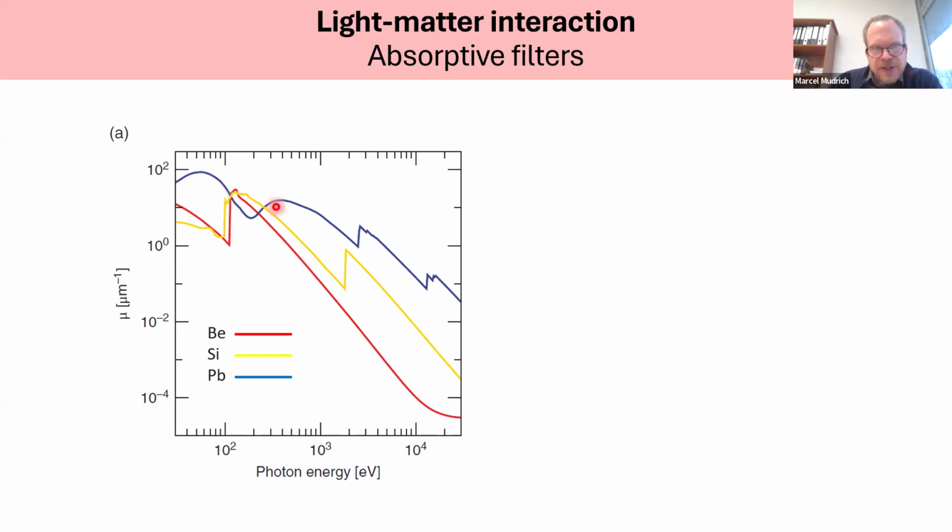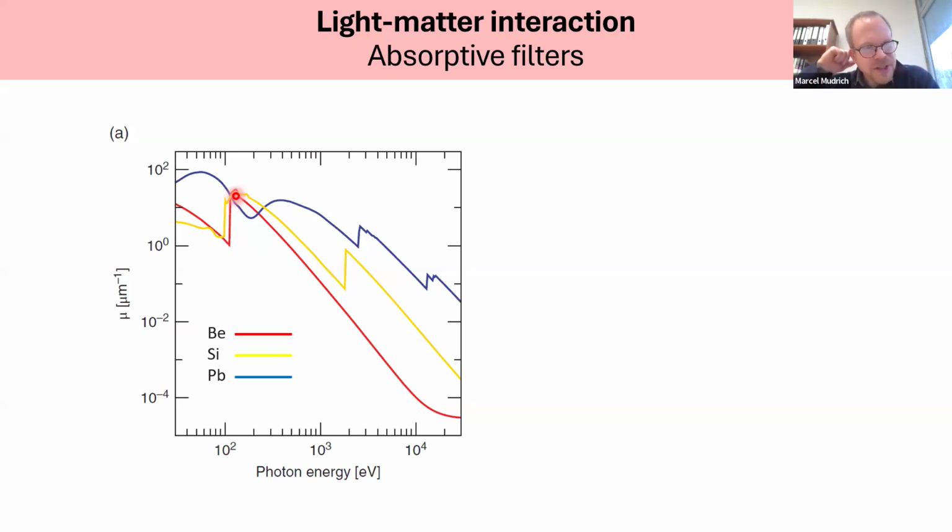But then on top of that, there are these interesting steps. And so depending on which material, like beryllium, silicon, or lead, these steps occur at different photon energies, but any material has some kind of steps like this, where the extinction coefficient suddenly jumps up.